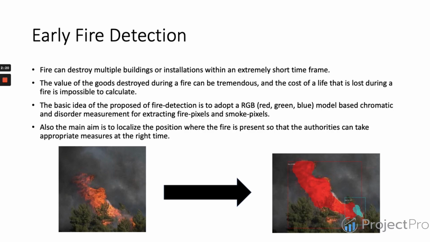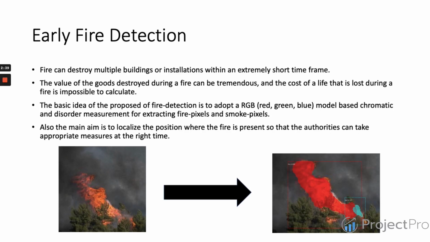The basic idea of the proposed fire detection is to adopt an RGB image. So we are providing a colored image in the form of RGB to a chromatic and disorder management for extracting fire pixels and smoke pixels.